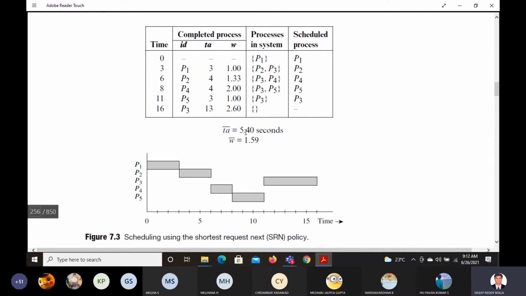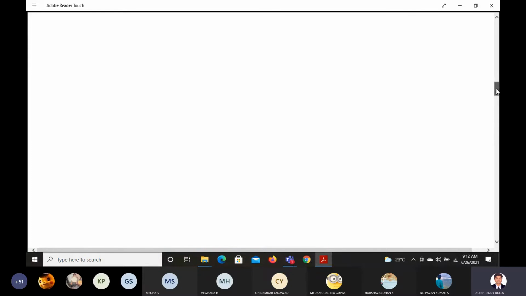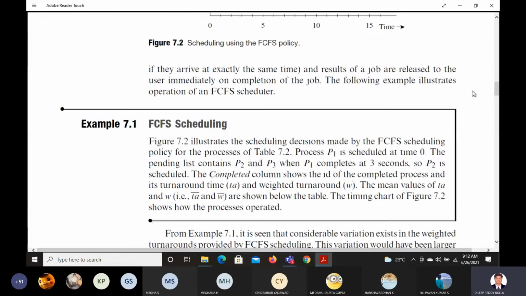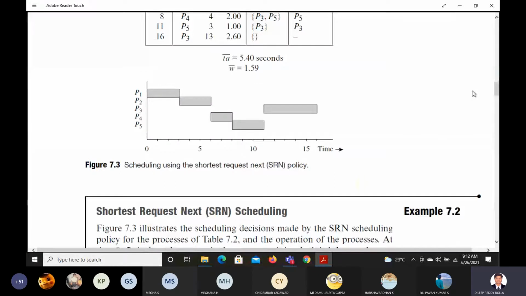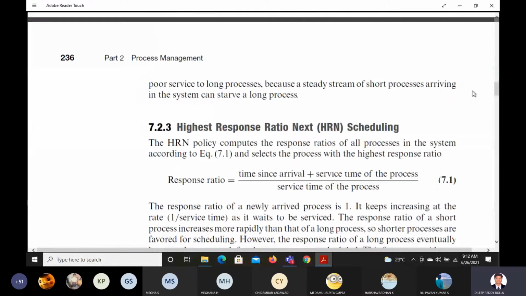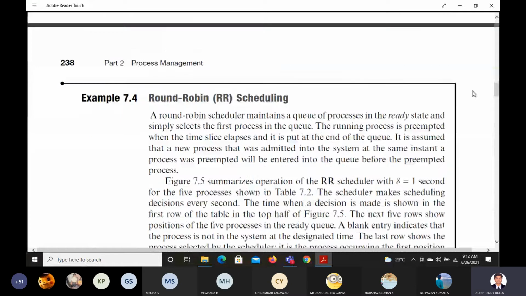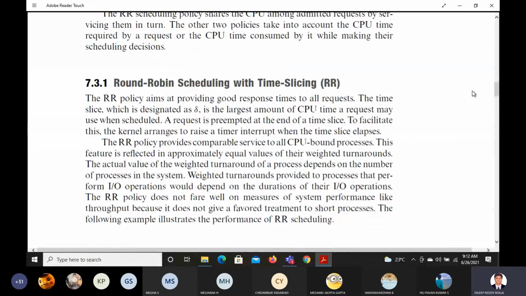So that's about that. And if you go to the index sheet again, one more scheduling is there, round robin, and this is about non-preemptive. Going to the preemptive, this was there but it's not required for us. Round robin scheduling with time slicing they have given, okay?